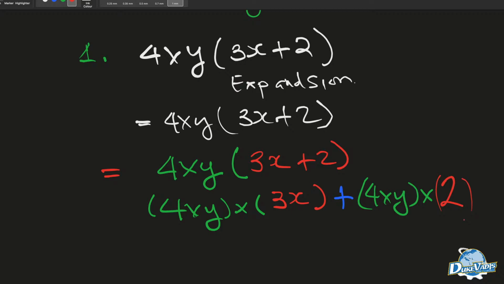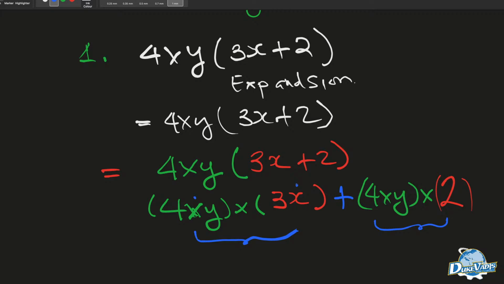So if I deal with the first one, I know from what I learned, the principle of indices, that when we take the value of x, this is 4xy multiplying 3x. You see that x and x are common in the equation. We have x here and another x here.